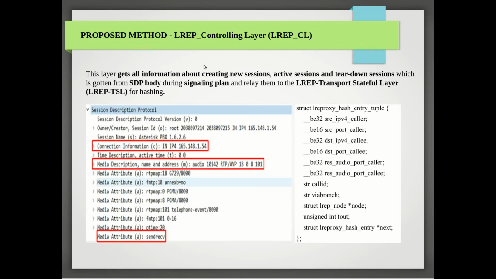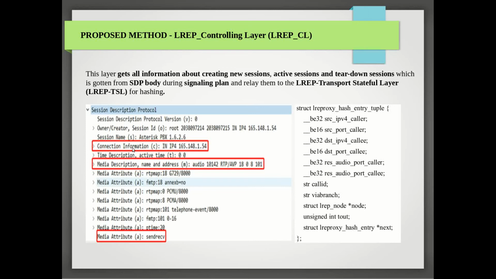The first layer, the controlling layer, is responsible for getting all information about creating sessions, active sessions, and tearing down sessions, which is taken from the SDP body during the signaling plane in IMS, and relaying it as a hash into a tuple to the stateful layer. In the left picture, we can see a simple SDP body.